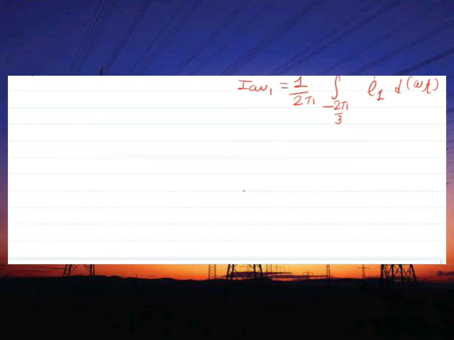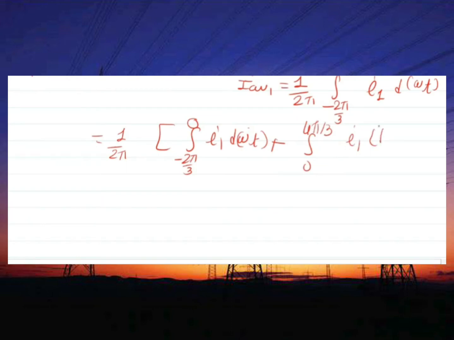So I average 1 is equal to 1 upon 2 pi, first the limit minus 2 pi by 3 to 0, where the value of I1 is ID, so ID d omega t, plus the limit 0 to 4 pi by 3, I1 d omega t.